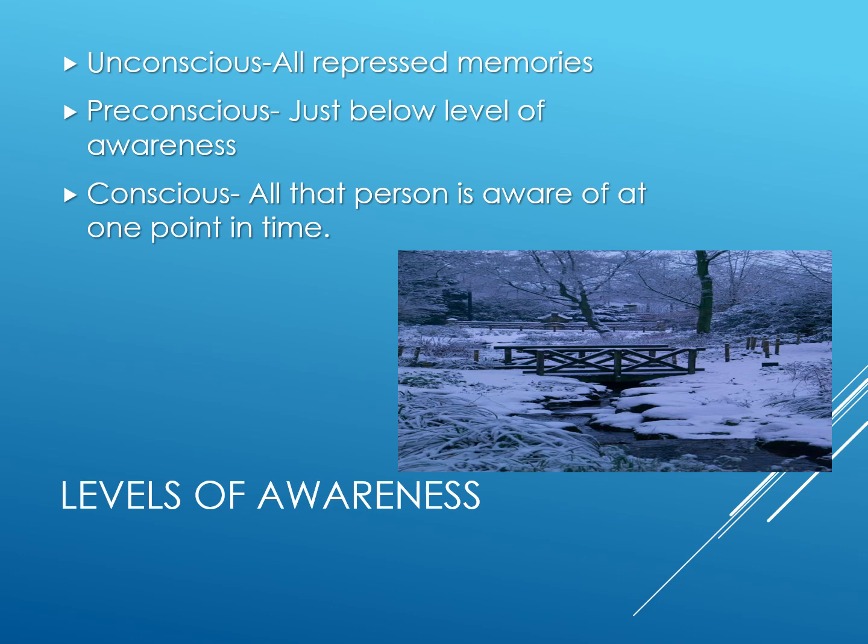The preconscious thoughts and emotions are not currently in a person's awareness, but he or she can recall them with some effort. For example, an adult remembering how they felt as a child or thought as a child. The unconscious is a realm of thoughts and feelings that motivates a person even though he or she is totally unaware of them.